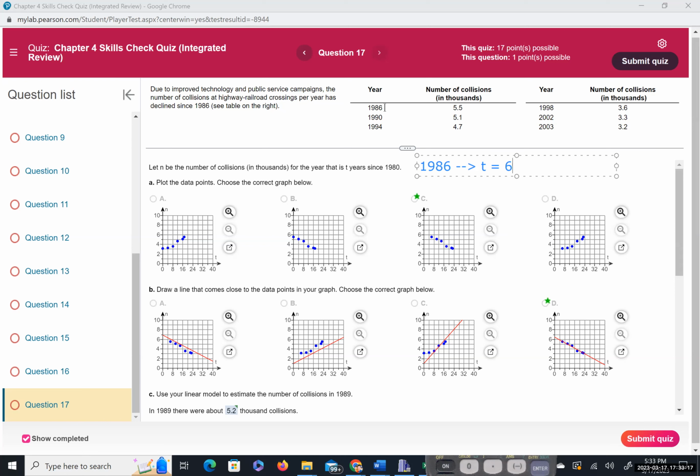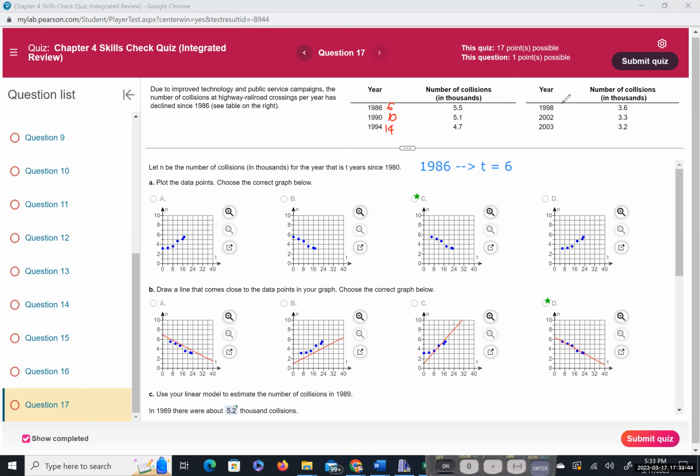So I will change this with 6, right? And this will be 0. This will be 4, right? This will be 6, right? Oh no, sorry. 1990 is going to be 10 years after that. 1994 is going to be 14 after that.